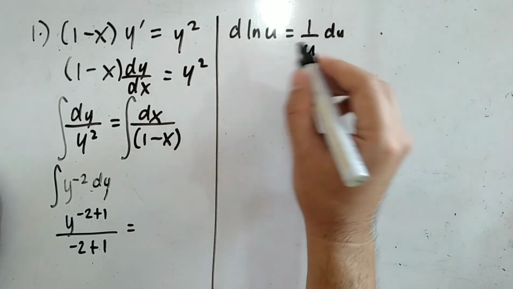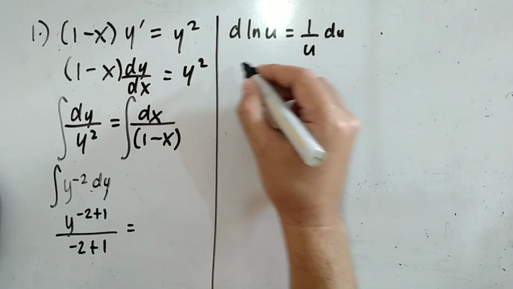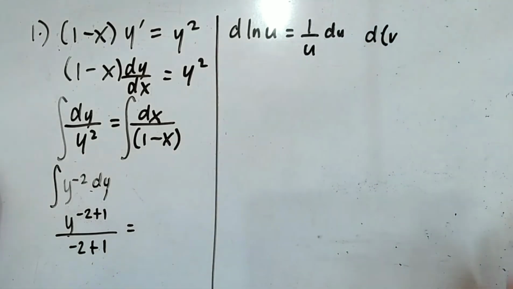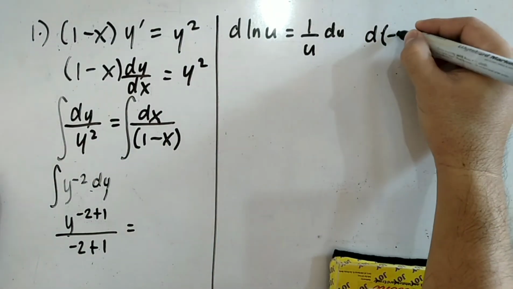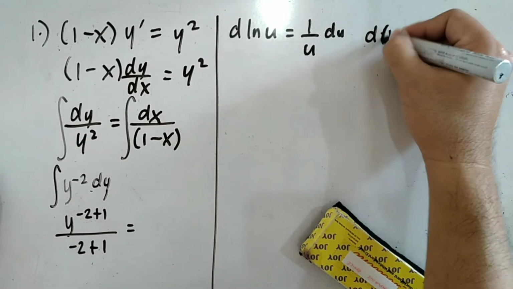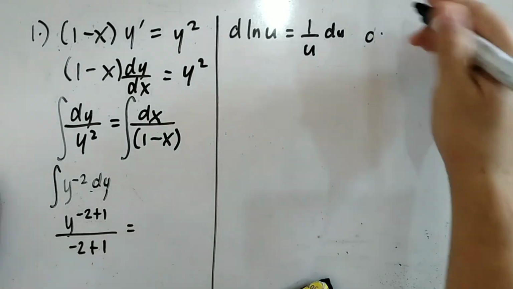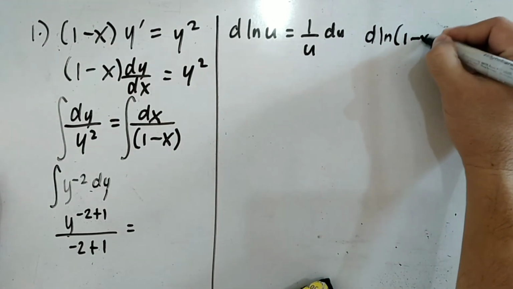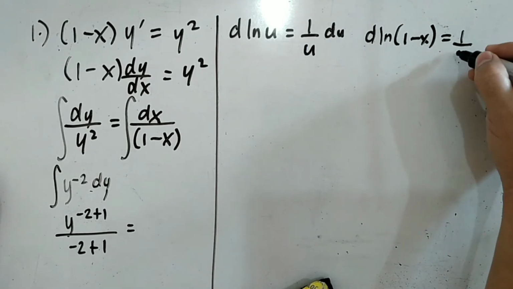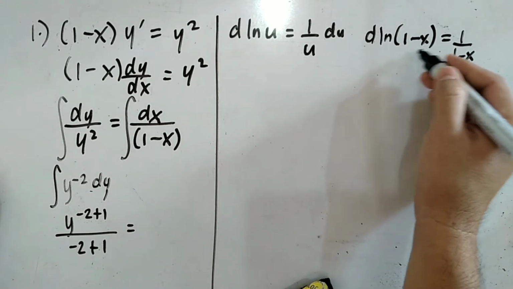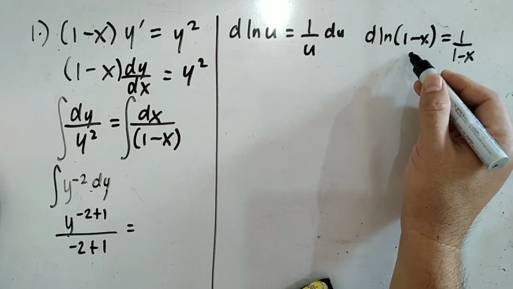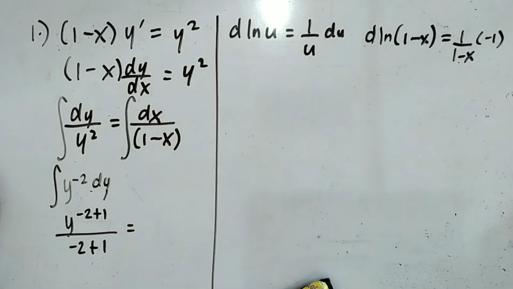Okay, so for example, if we derive the function ln of 1 minus x, the derivative is 1 over u, 1 minus x, and du, because of what we call the chain rule, du is simply equal to negative 1.